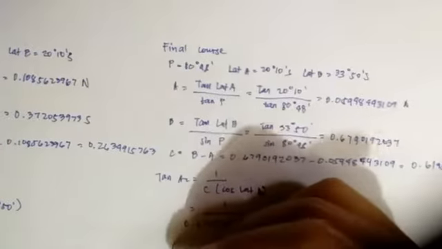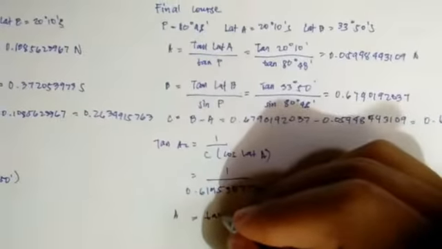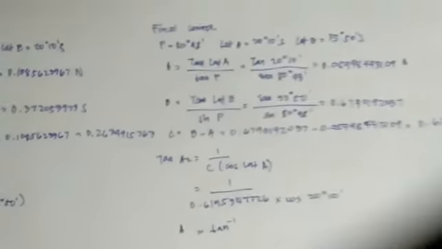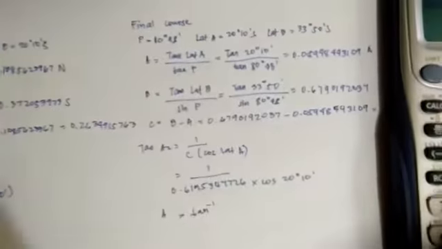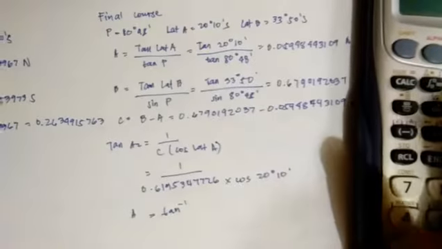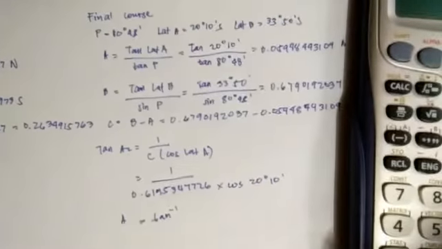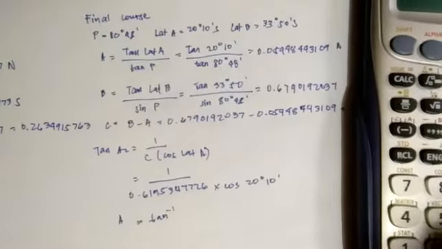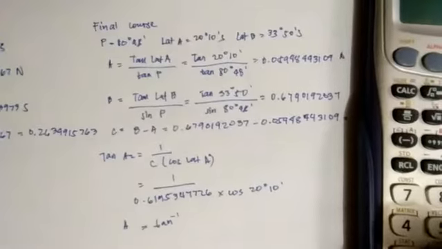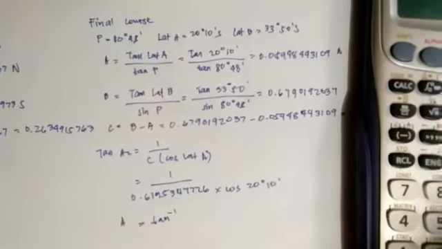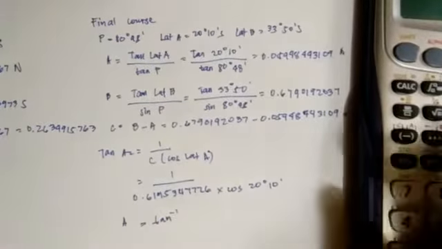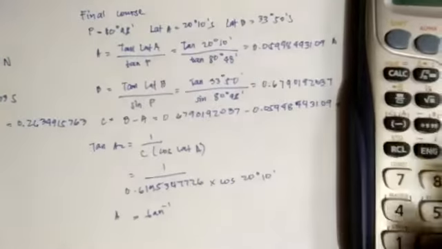So again, we will get the reciprocal: 1 over the answer multiplied by cos 20 degrees and 10 minutes.